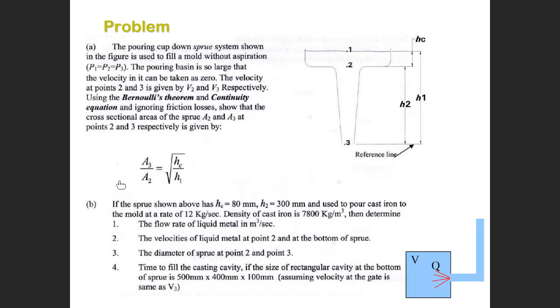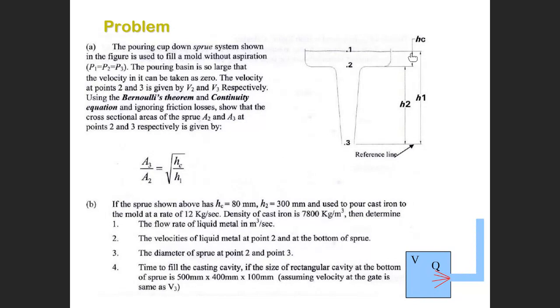Okay, this is the equation. Generally, he talks about the system and so on and reaches this equation. What is needed? You can see the drawing here. He says that in the spiral shown above, HC equal to 80.